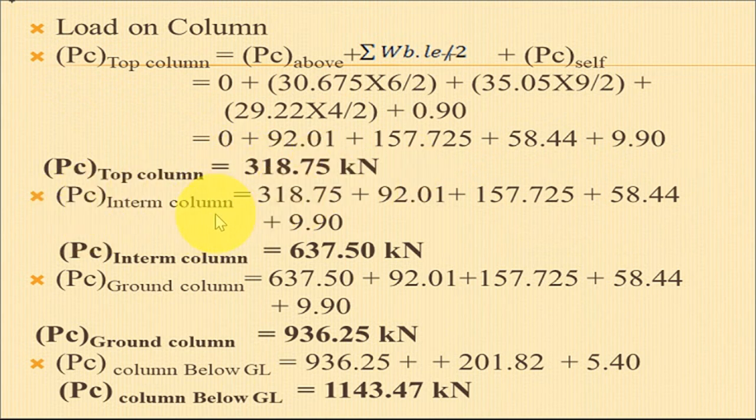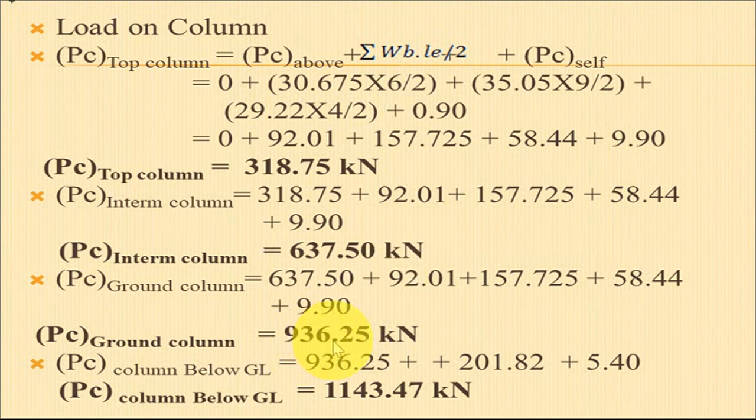Similarly, for the internal column, again this load plus load from the beams B1, B2, B3, and then wall load and the self weight.